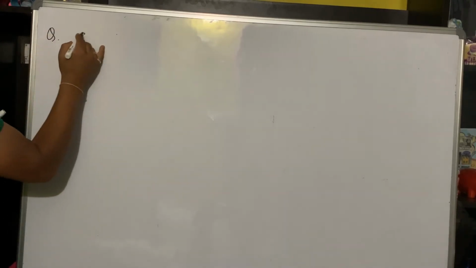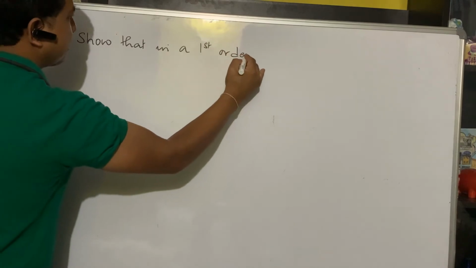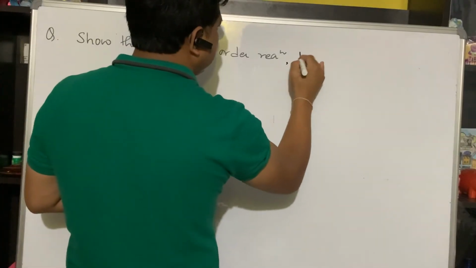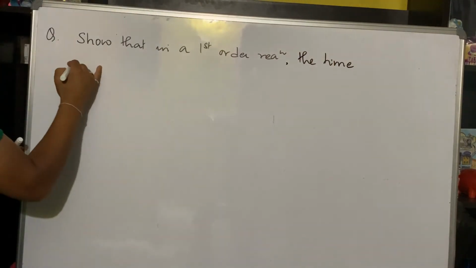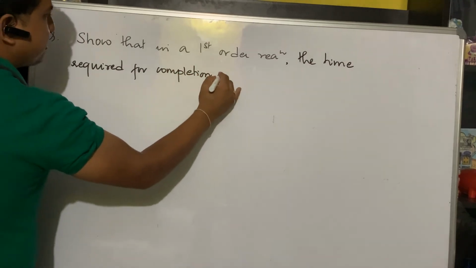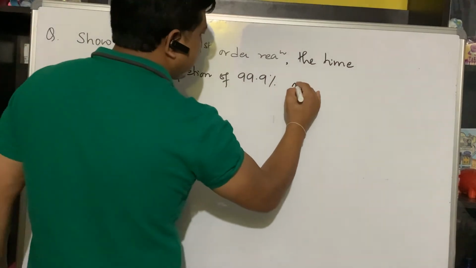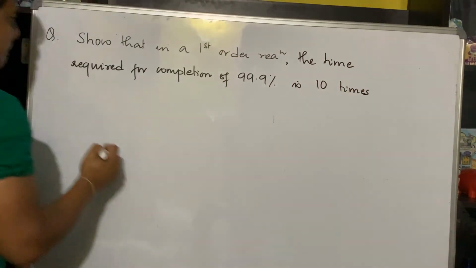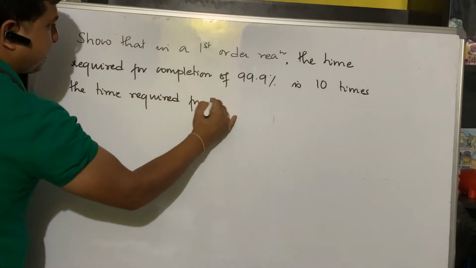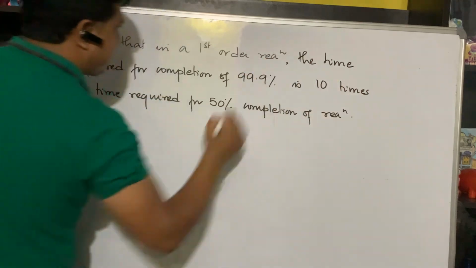So the next problem is: show that in a first order reaction, the time required for completion of 99.9% is 10 times the time required for 50% completion of a reaction.